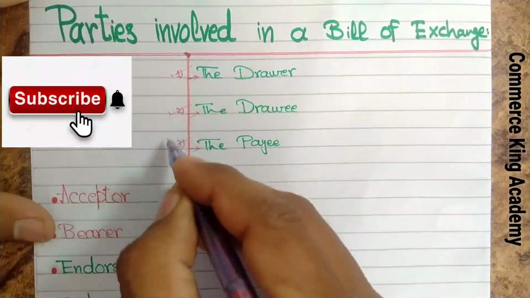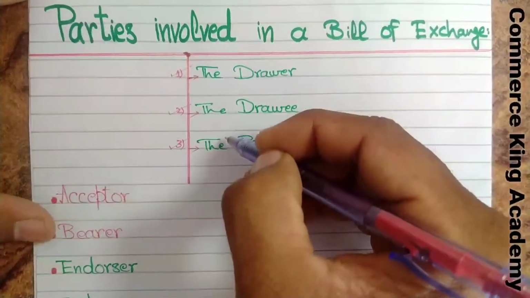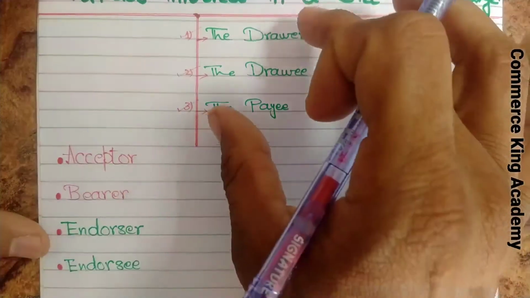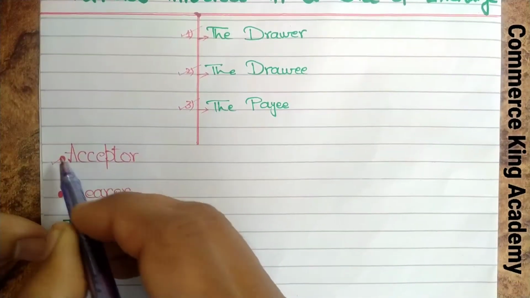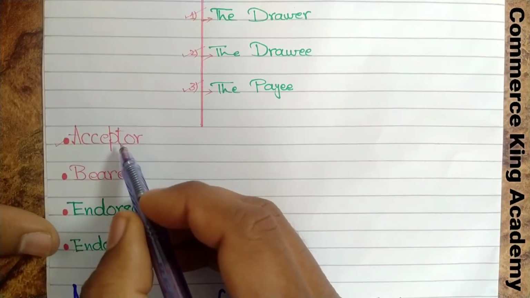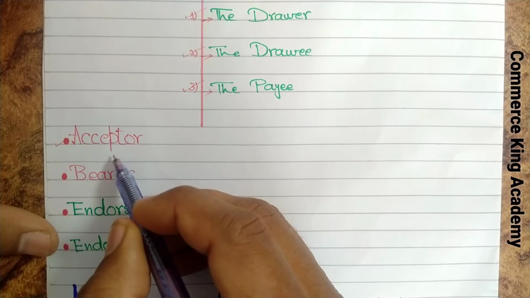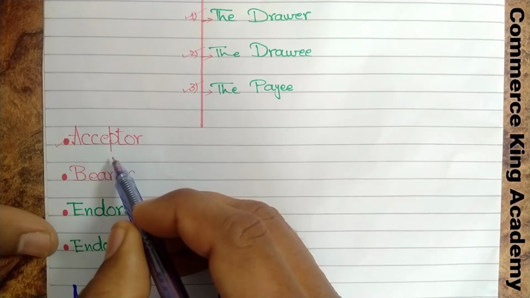So these are the main or initial parties of a bill of exchange, and these are the subordinate terms of these parties, which is the acceptor. The acceptor is the person who accepts the bill. The drawee is normally the acceptor, but a third person can accept a bill on behalf of the drawee.